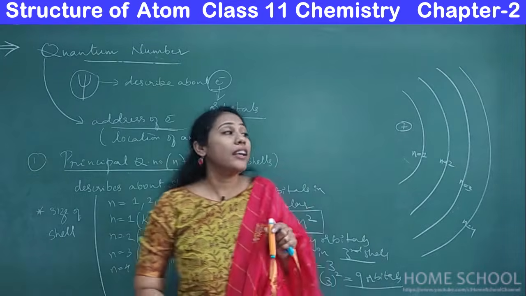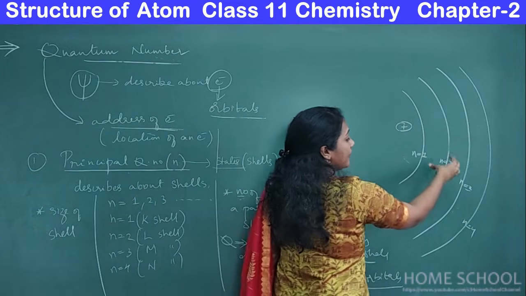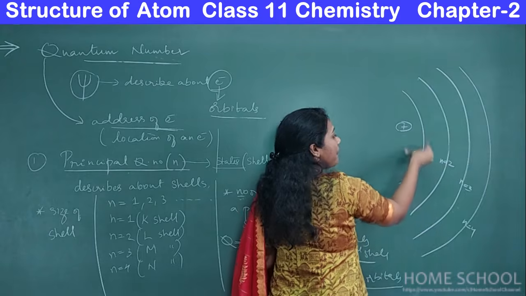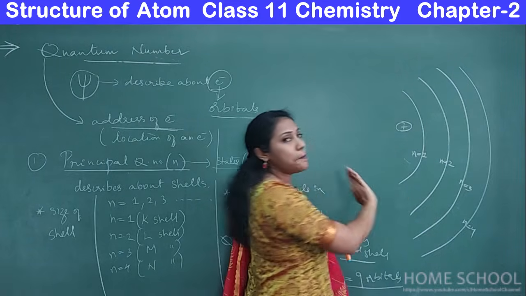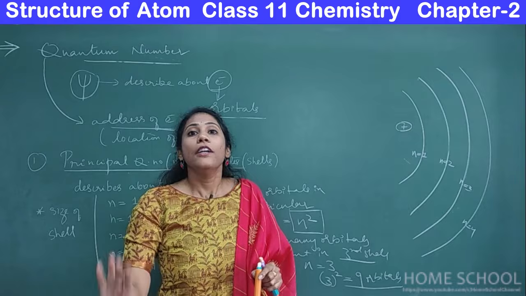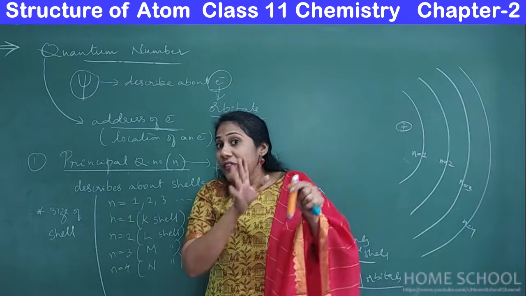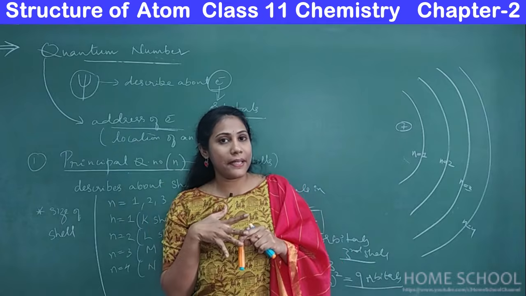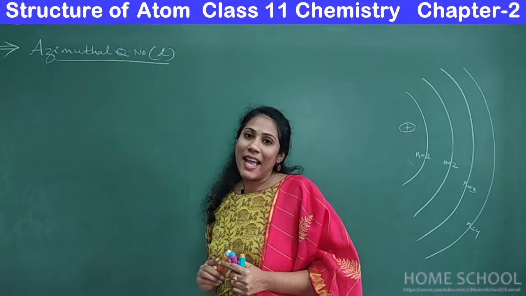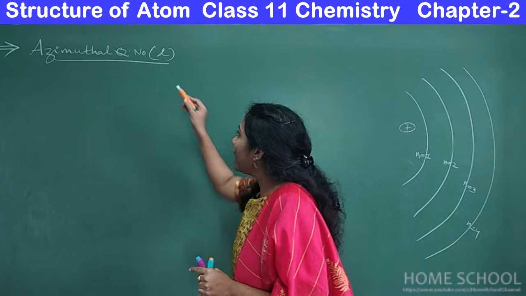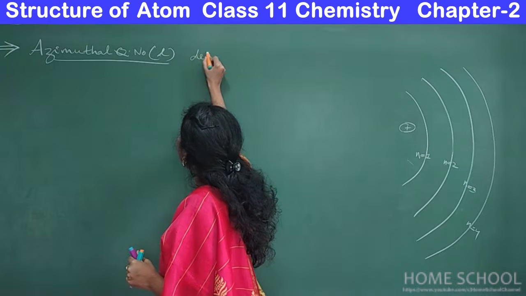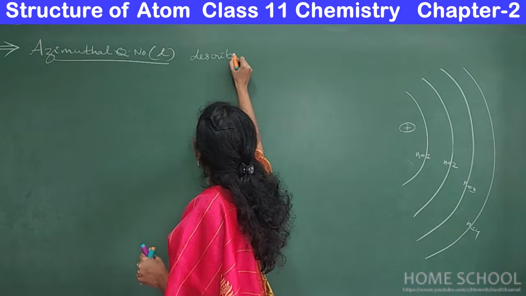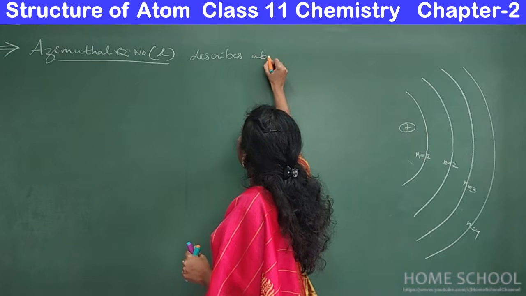Now we will go for the azimuthal quantum number. That means in each main shell, how many subshells are present. In each and every state, we are trying to find out how many districts are present. As I have already told you, our azimuthal quantum number describes the subshell.